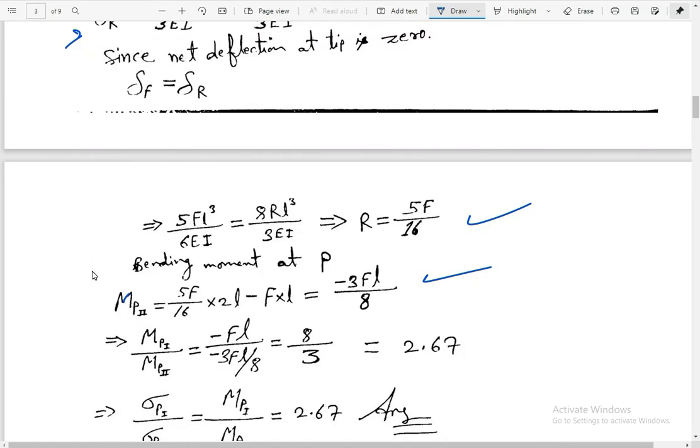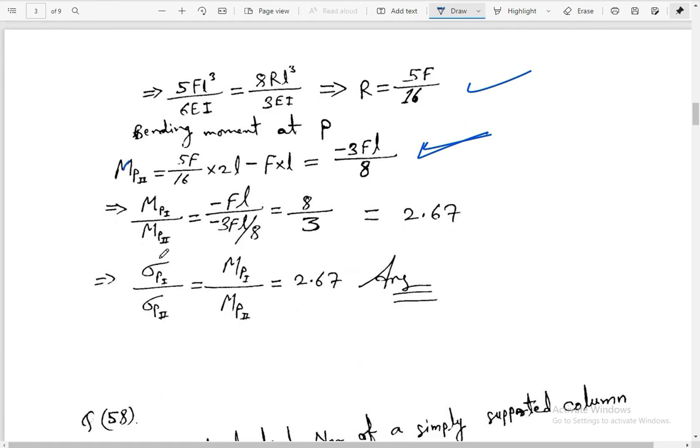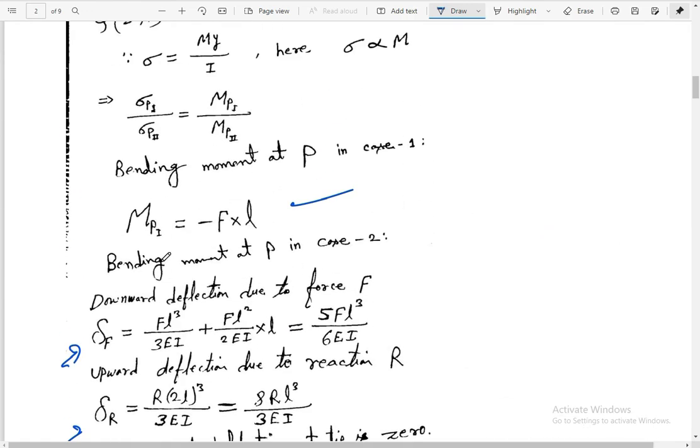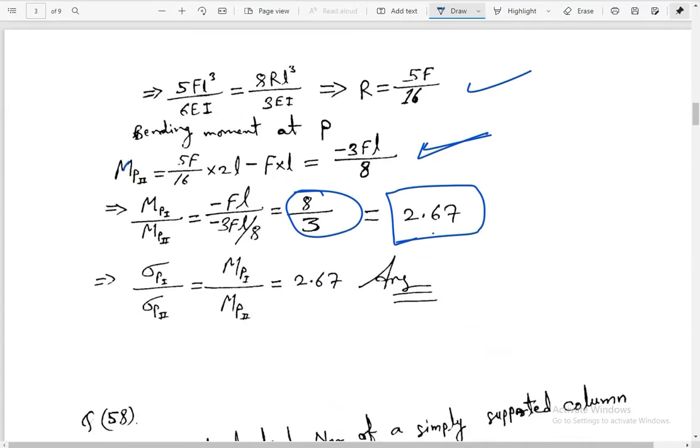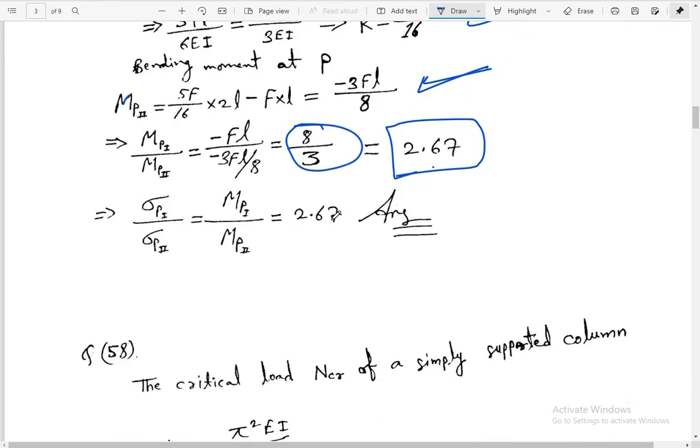So MP1 by MP2 is just this divided by this, and we have 8 by 3, so 2.67 is the bending moment ratio, and according to this we get the bending stress also. Actually, in the question we have bending moment only, the maximum bending stress. So 2.67 is the answer.